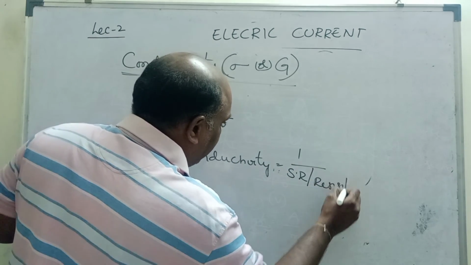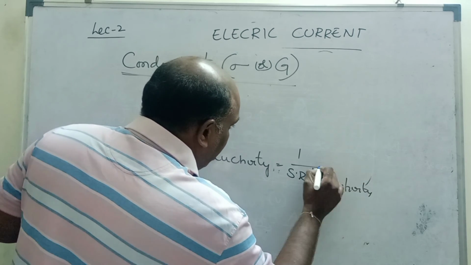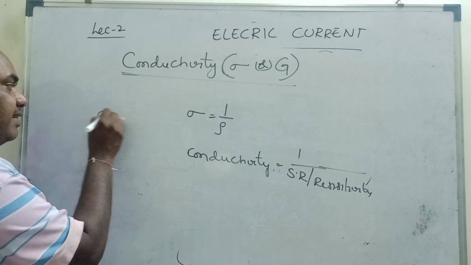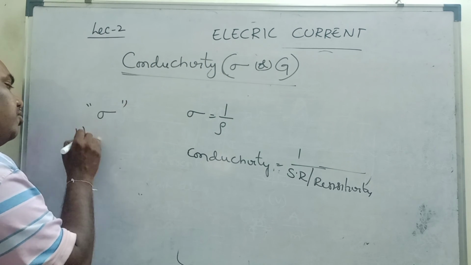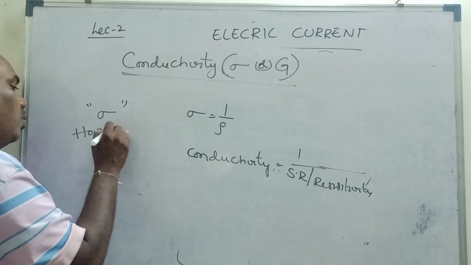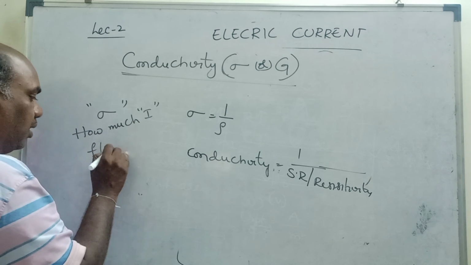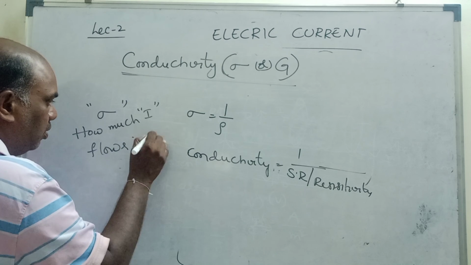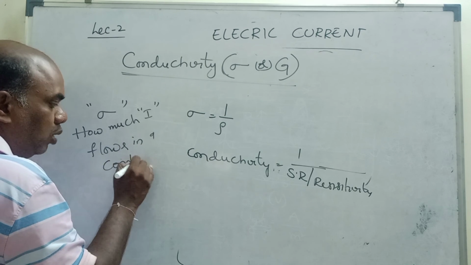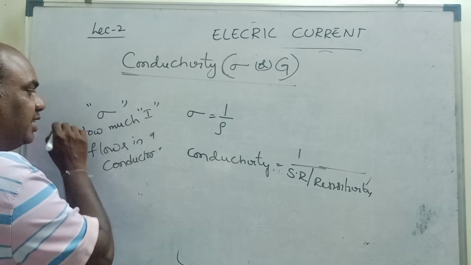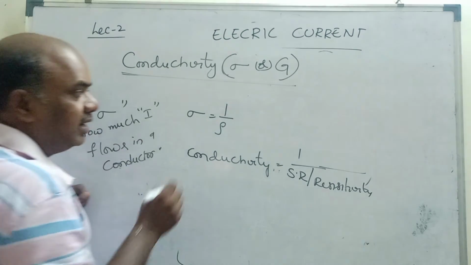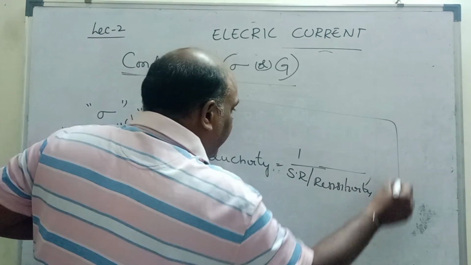Conductivity says how much current flows in a conductor. That is given by sigma, conductivity. Conductivity formula is 1 by rho.